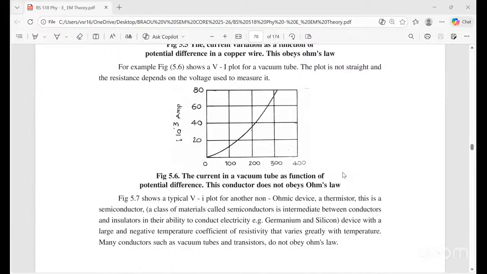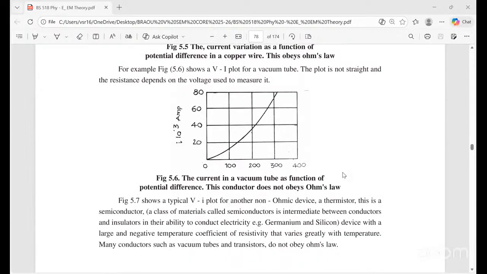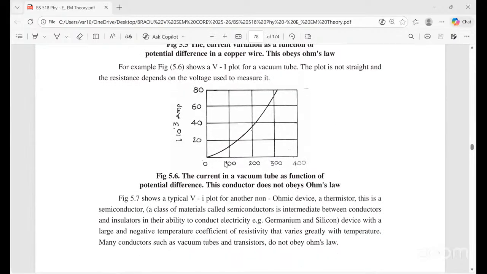Whereas the other graph is representing the current in a vacuum tube. Okay. So that is also a conductor, but the question is whether the vacuum tube obeys Ohm's law or not. How are you going to check?